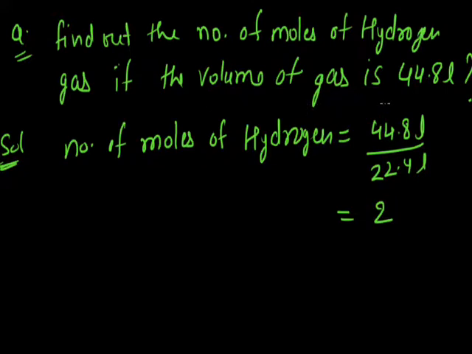If any gas contains 44.8 liter volume, that means it contains 2 moles of molecules. You can say that equal volumes of gas contain equal number of molecules or equal moles of gas.